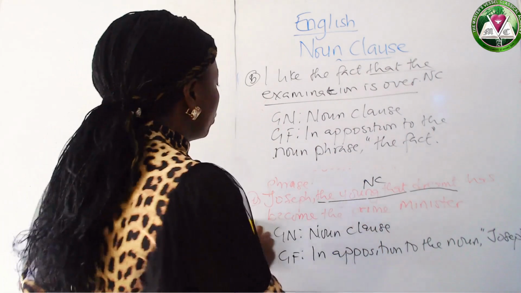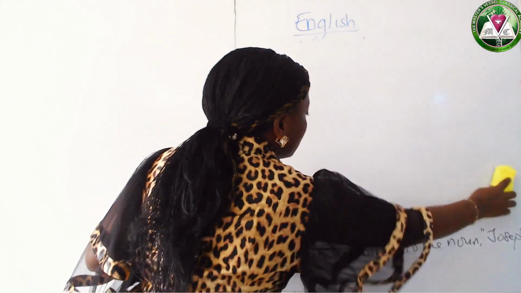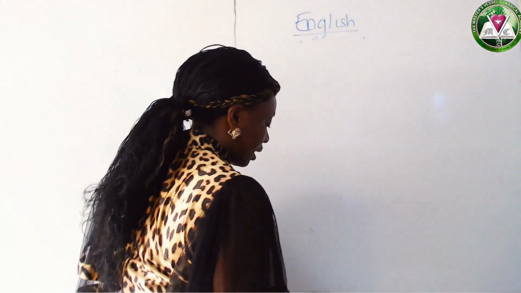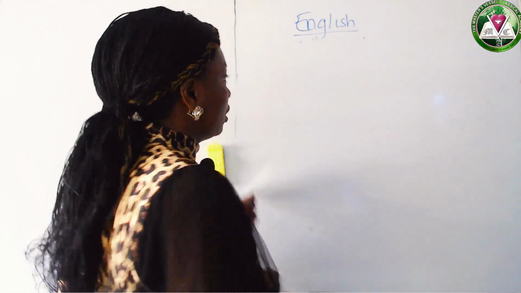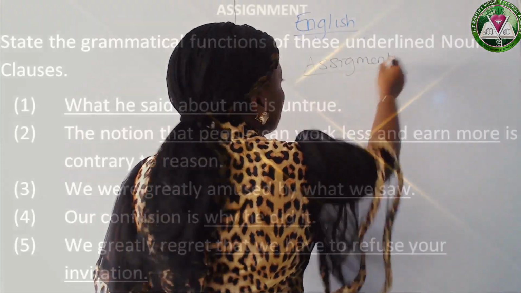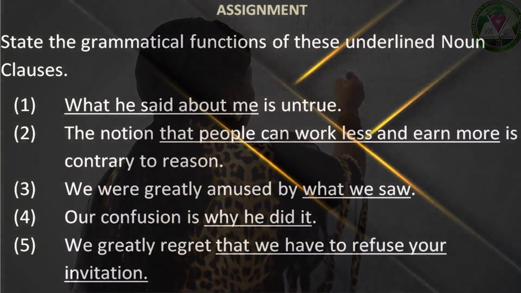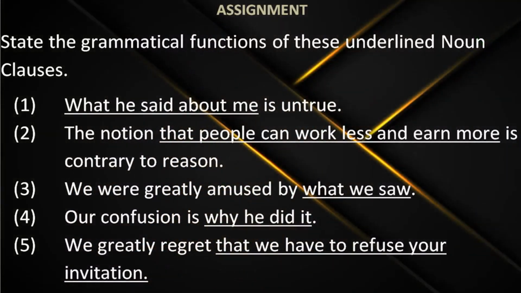Now, before we wrap up, I will give you a few examples that you will do, assignments rather. Assignments. It simply states the grammatical functions of these underlined noun clauses.